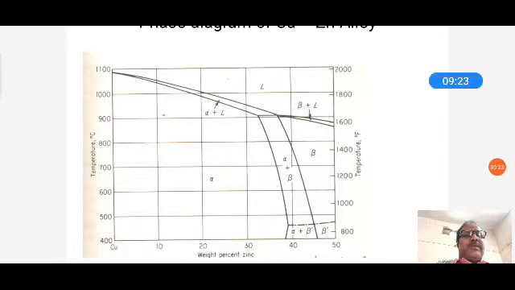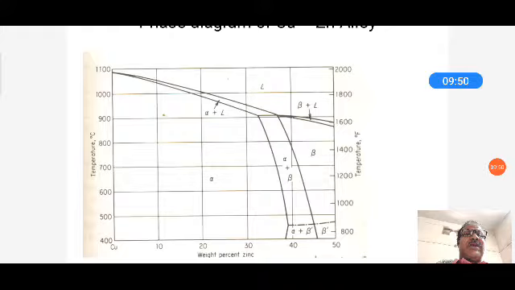Alloys are formed. So more than 50% zinc is not useful in applications. So you have learned the phase diagram up to 50% zinc. In this equilibrium diagram, the liquidus line is on the top, above the liquid.